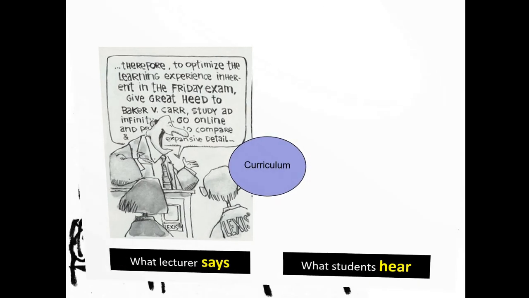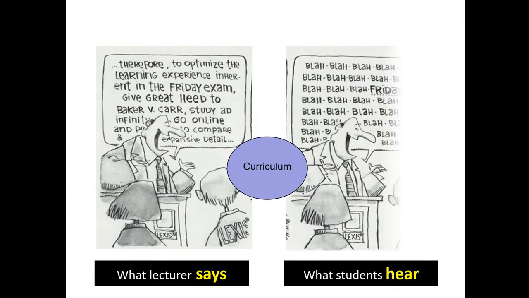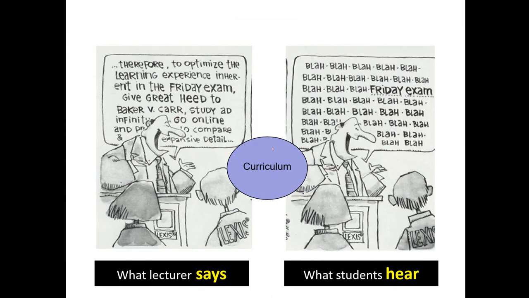So there are different levels of thought, and the curriculum is in between, and the teacher is going to deliver a lecture based on the contents mentioned in the curriculum. You see what a lecturer says and what the students hear.